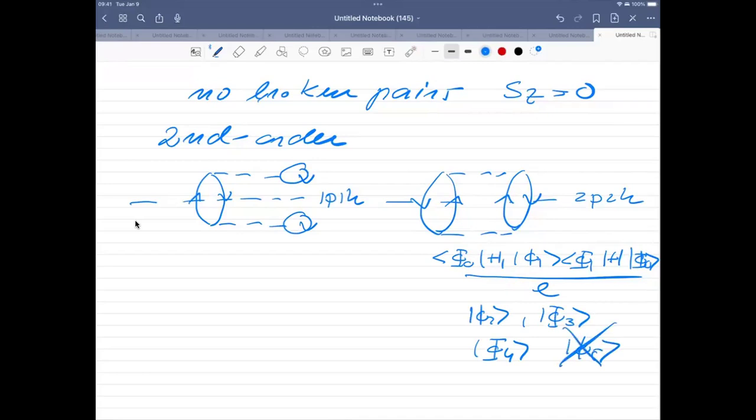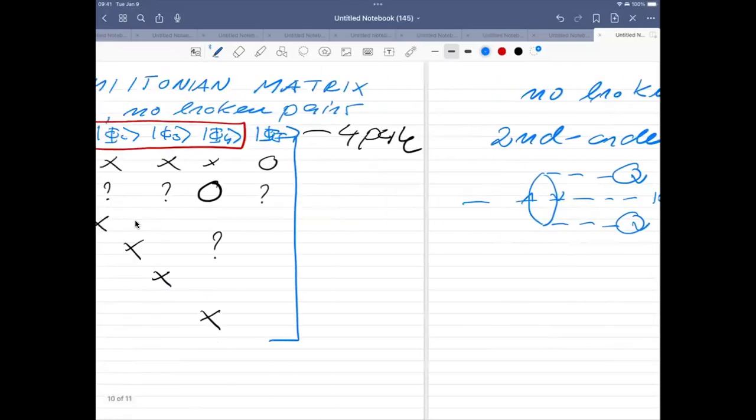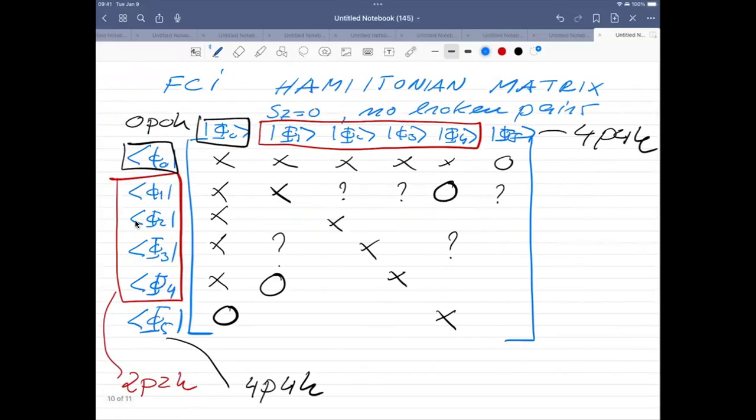So if I stay to second order, that means that I would not include in my many-body perturbation theory approximation contributions beyond 2-particle 2-hole excitations.